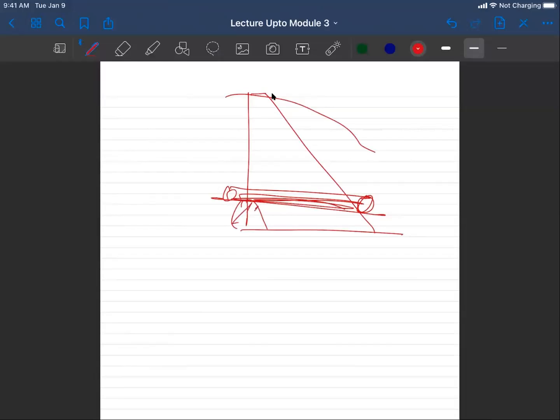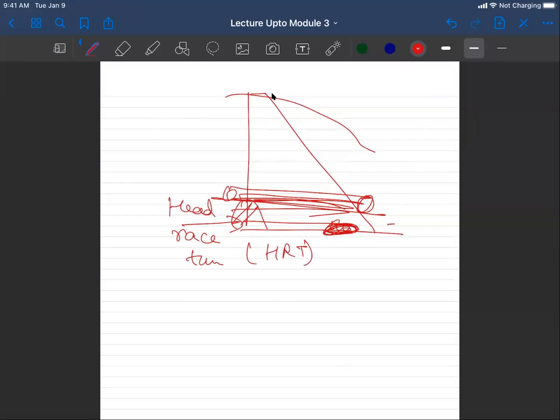And these tunnels are designed to carry water. Here you will have all the turbine assemblies, and this is called the head race tunnel, HRT, and this is called the TRT, tail race tunnel. Whatever is the difference in water level between the top of the head race and the tail race is the effective head that is available for the turbine to run.